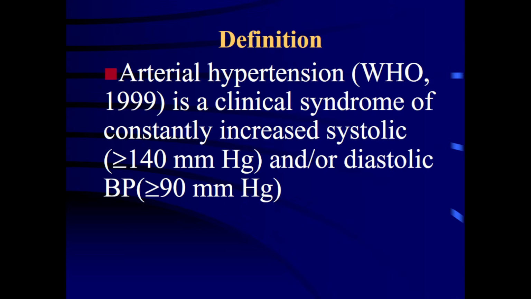The criterion of increase of systolic blood pressure is equal to or more than 140 millimeters of mercury, and the criterion of increase of diastolic blood pressure is blood pressure more than or equal to 90 millimeters of mercury.